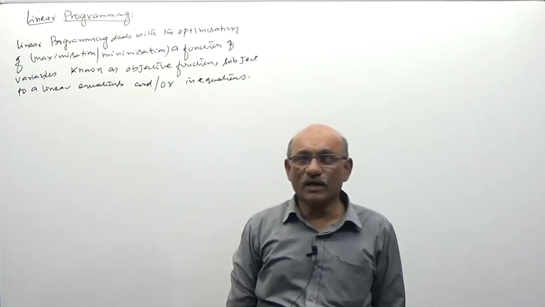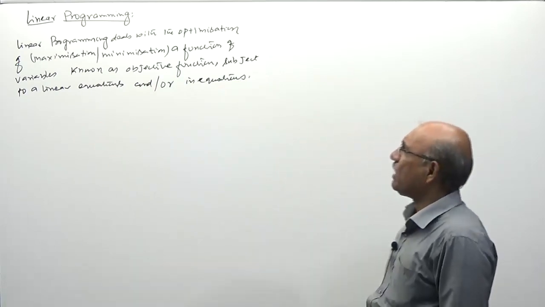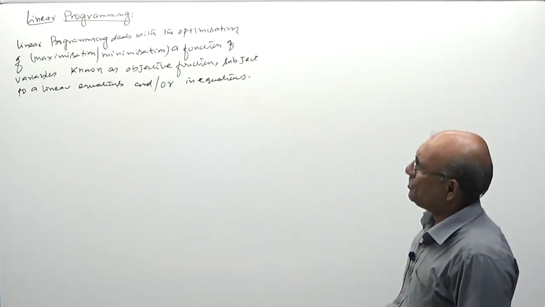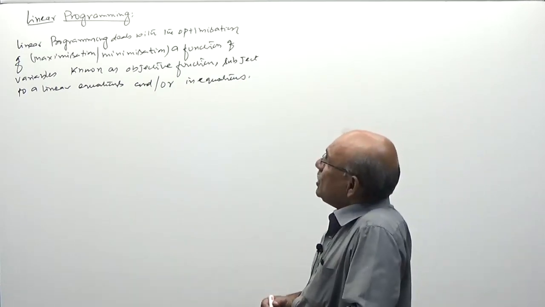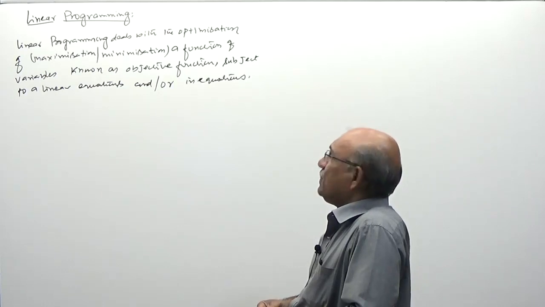Okay, look at the definition one more time. Linear programming deals with optimization of a function of variables known as objective function.